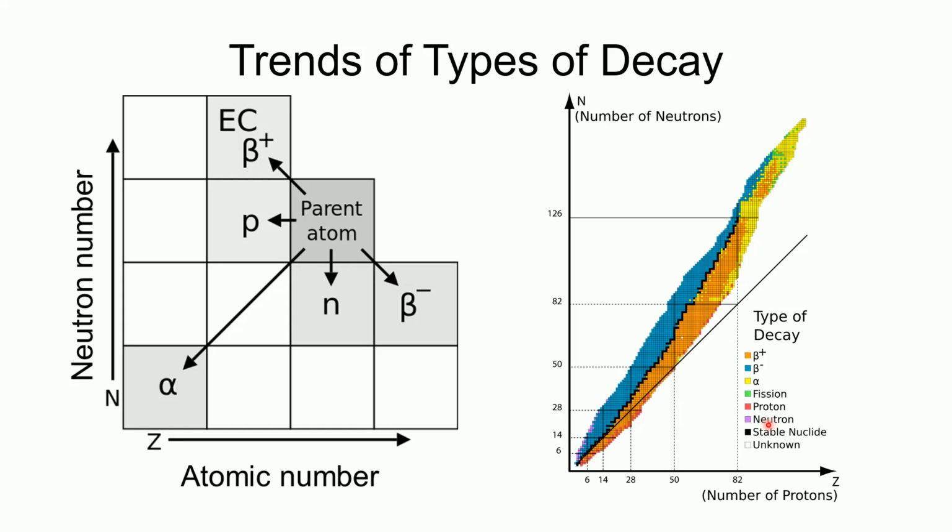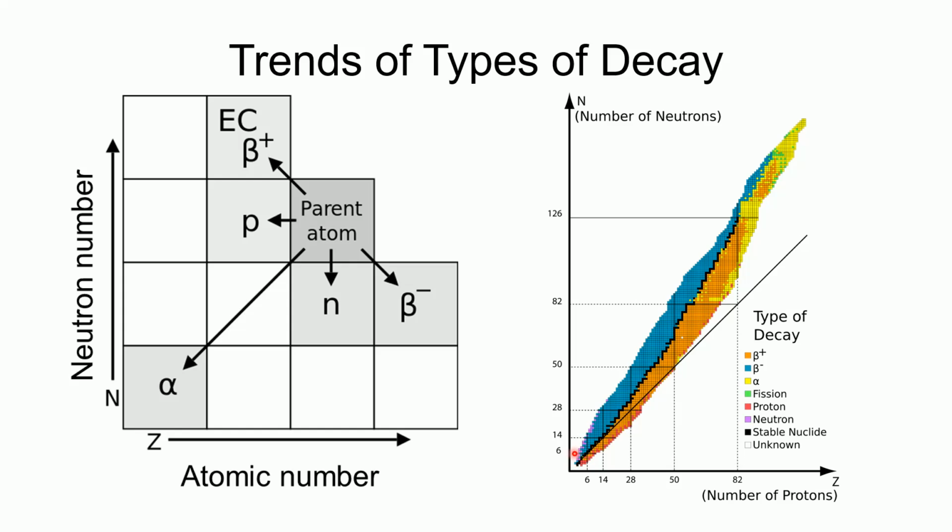Now you'll see there's a couple of other ones here, the green ones, and there's just a couple of them. Those undergo spontaneous fission. Usually what happens is you form them very quickly and then they undergo fission. So those are unusual. The red ones are along here, along the edge, and they have so few neutrons that they just spontaneously give up a proton, so they do proton decay.